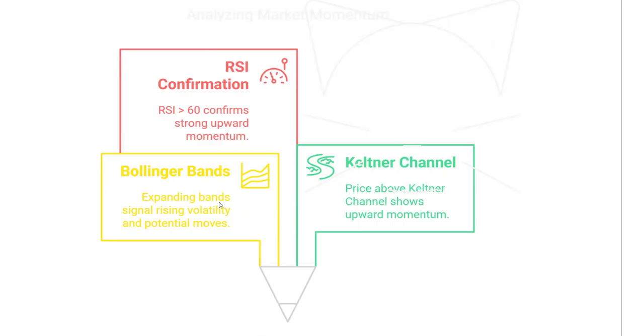Expanding bands signal rising volatility and potential moves. For the Keltner channel, price above the Keltner channel shows upward momentum. When RSI is above 60, Bollinger Band is expanding, and the price is above the Keltner channel.